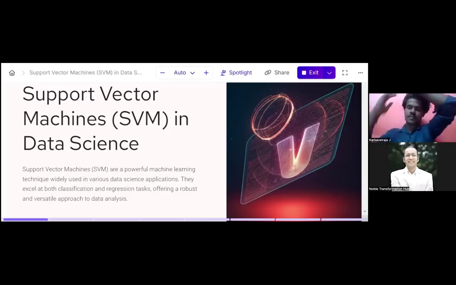They excel at both classification and regression tasks, offering a robust and versatile approach for data analysis. Support vector machines, SVM as we call it in short, are a very powerful tool, guys.